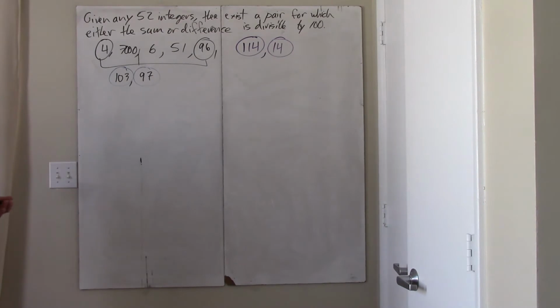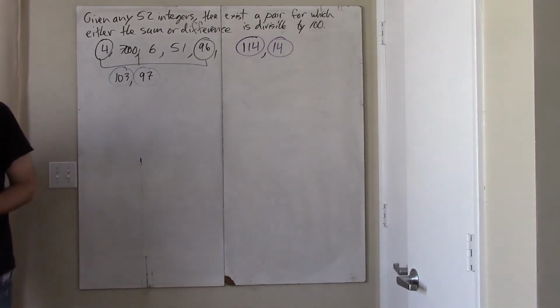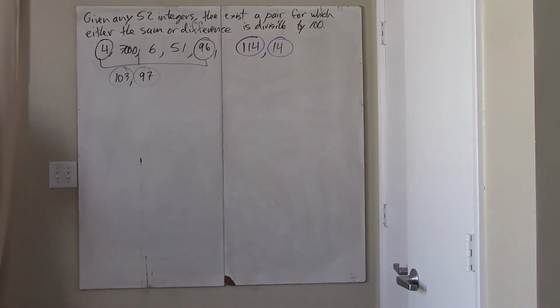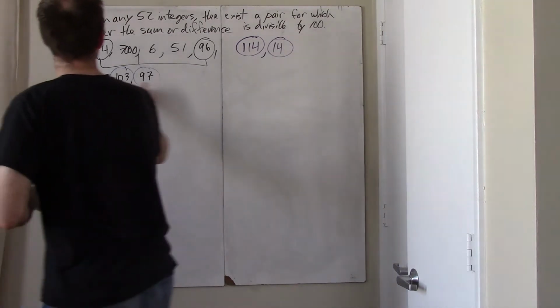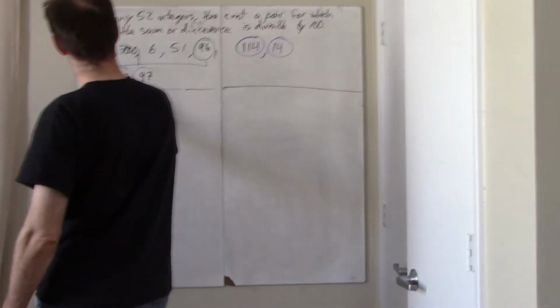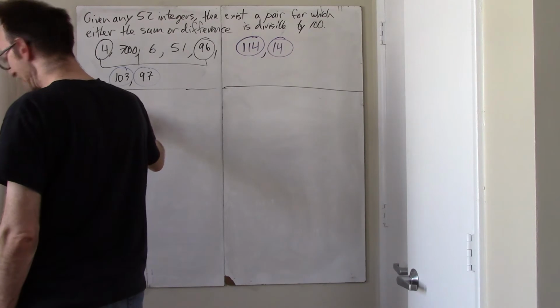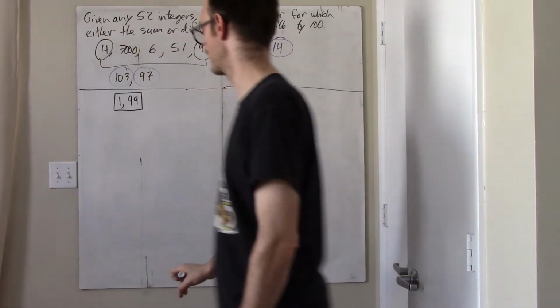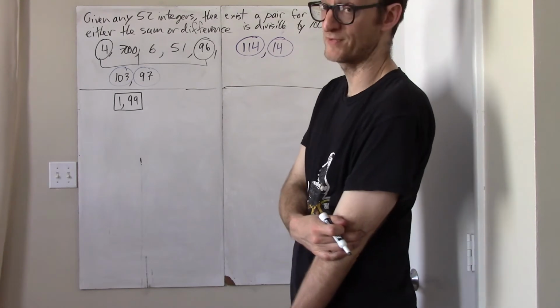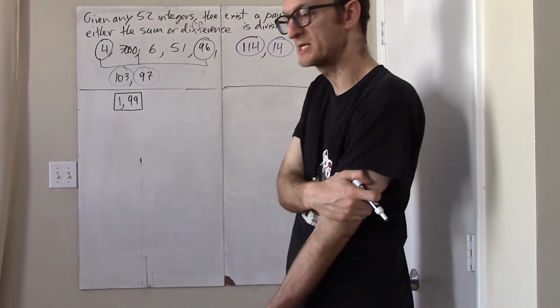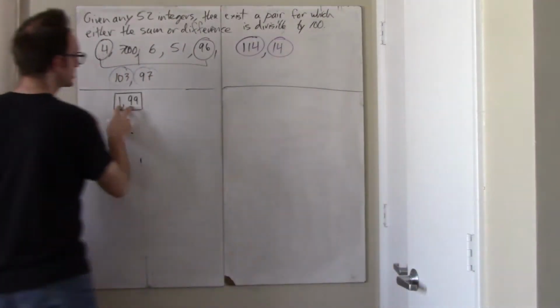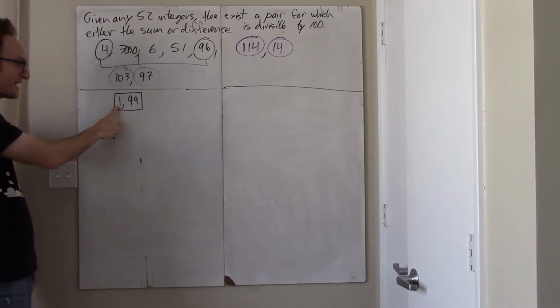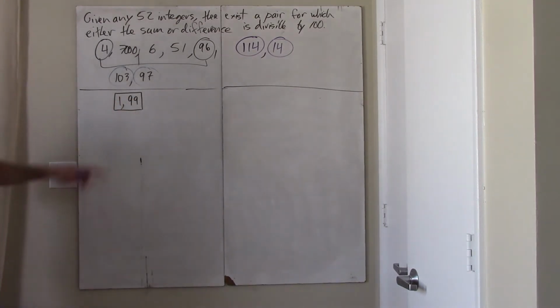What we want to now do is split them up in such a way that numbers which are going to add to 100 are in the same box. So think about the boxes like this. Take 1 and 99. Put those together in a box. If you have these 52 integers, and two of them are 1 and 99, or any number which has remainder 1 after dividing by 100, or remainder 99 after dividing by 100, then put those together in a box.